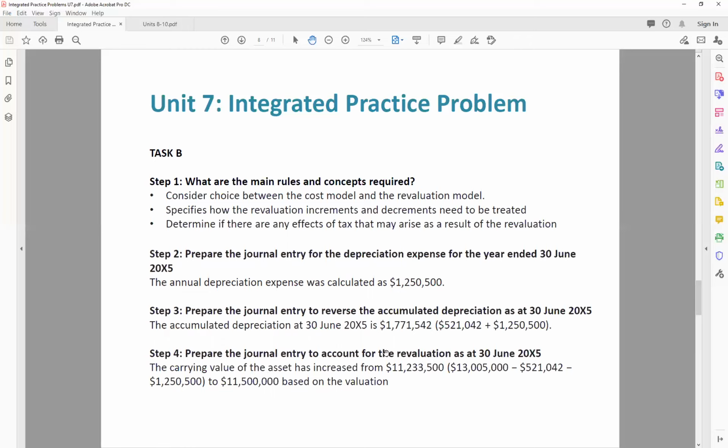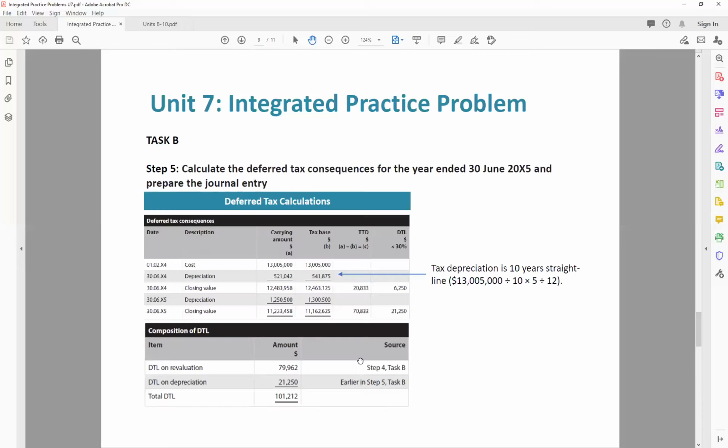And so that difference between the two, which is around 266,500, 30% of that reflects the deferred tax that was the result of the revaluation. And so on a combined basis, we're left with this amount here, which is 101,212 for the total amount of DTLs.